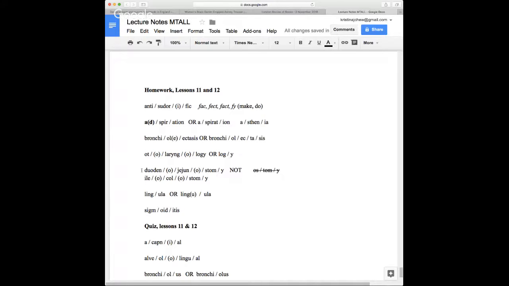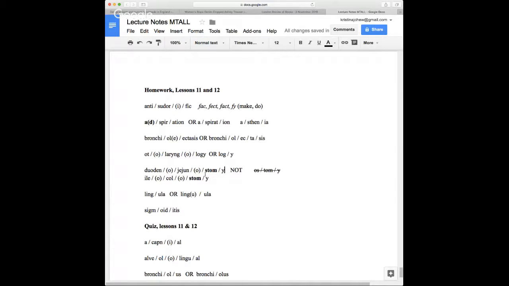I really have to point out these two words that both use the base stom, which means an opening or a passage, and a suffix y. So whenever you have a word that basically ends in ostomy, it means the creation of a passage, a surgical creation of a passage from, in this case, the duodenum to the jejunum. In this case, from the ileum to the colon.